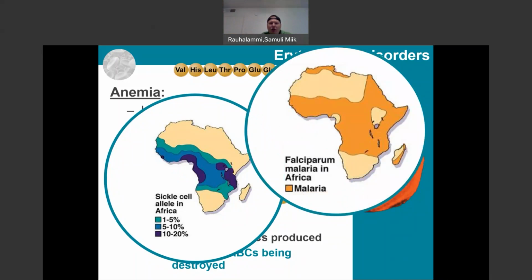So actually, if you stretch the story a little bit, you could almost argue that sickle cell disease has a protective function against malaria. So that might be a good example of showing how evolution is not foolish. We always have a reason.